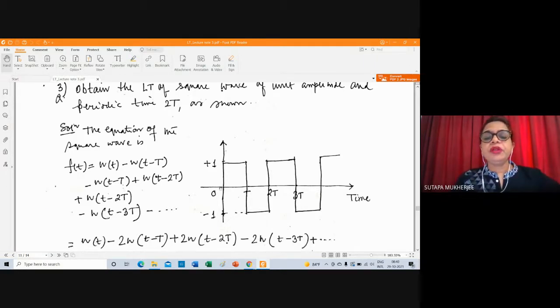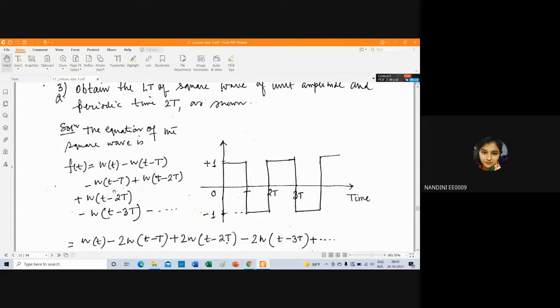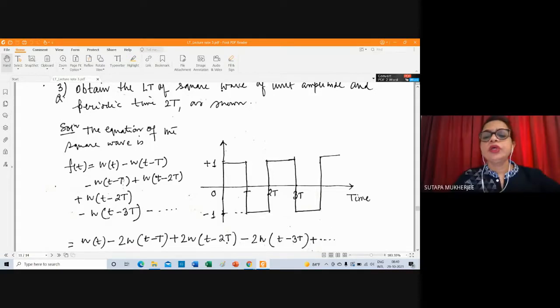First of all, you have to write the function in a particular structure. After that, you will be able to determine the Laplace transform. Fine. So just concentrate on this part. Is it visible to all of you?